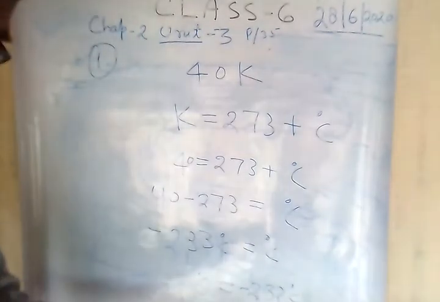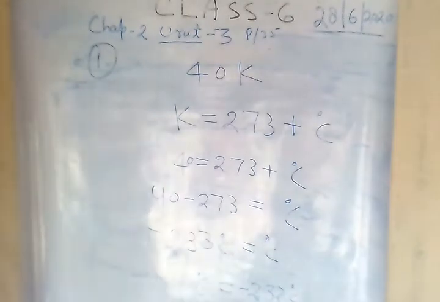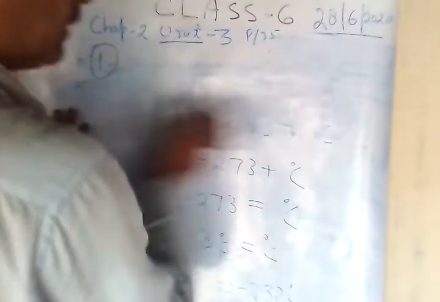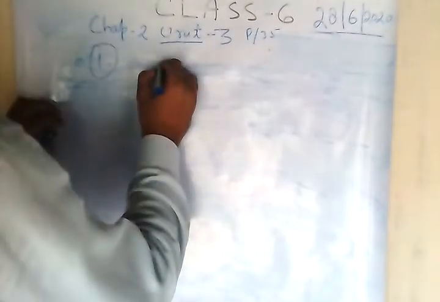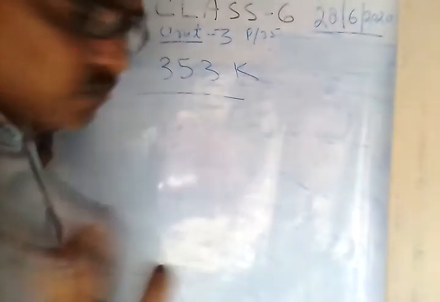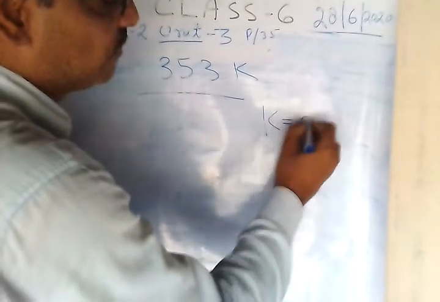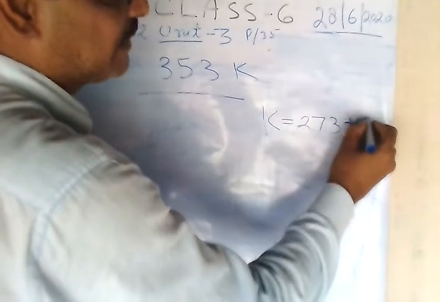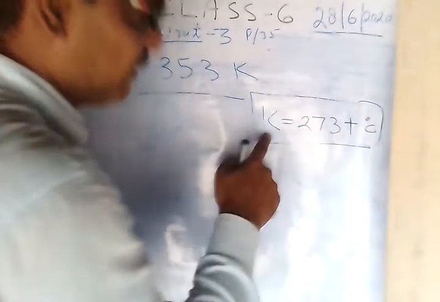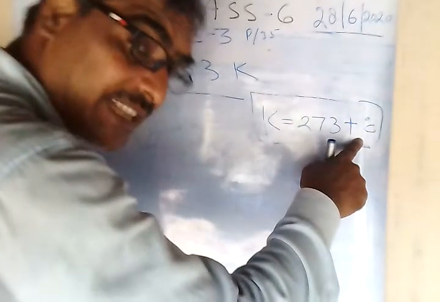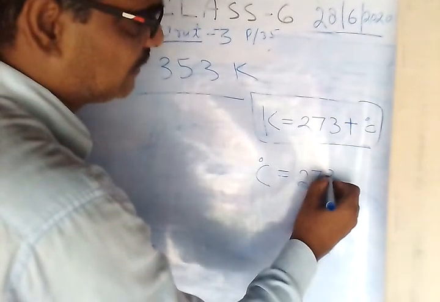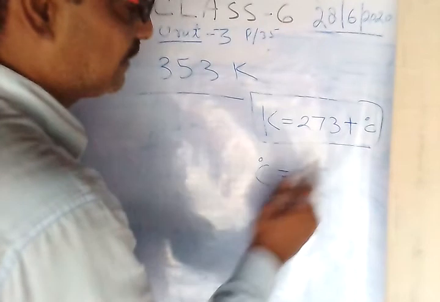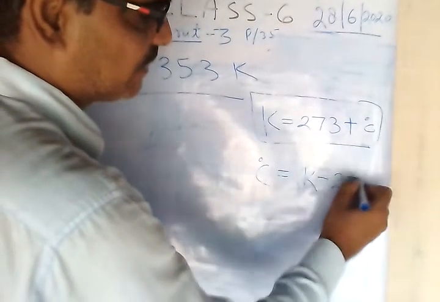Similarly, the other example given is 353 Kelvin. Before discussing it, you should know two formulas. K is equal to 273 plus degree centigrade. It is for calculating Kelvin. If you want to calculate in degree centigrade, then directly use K minus 273.